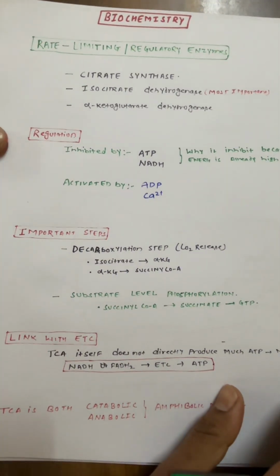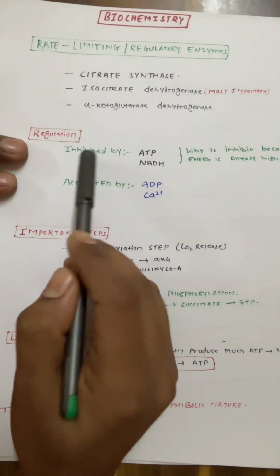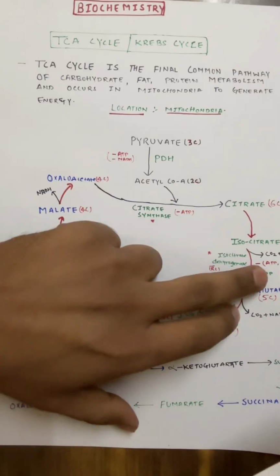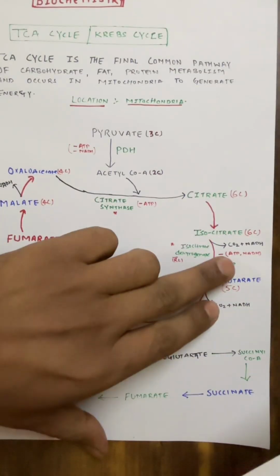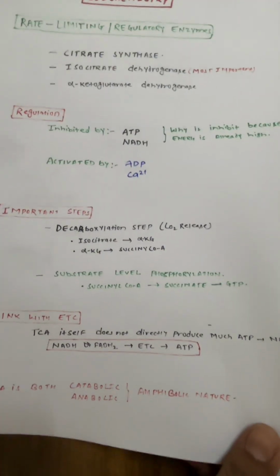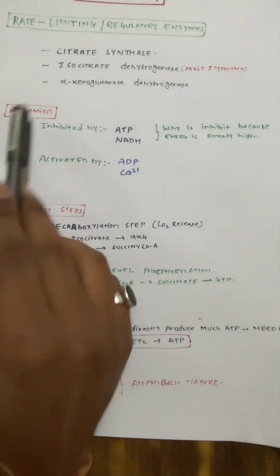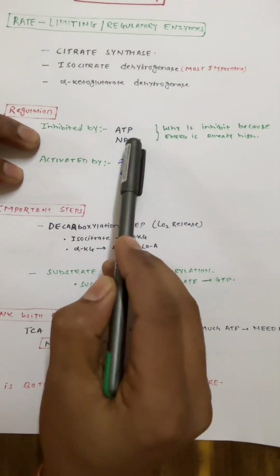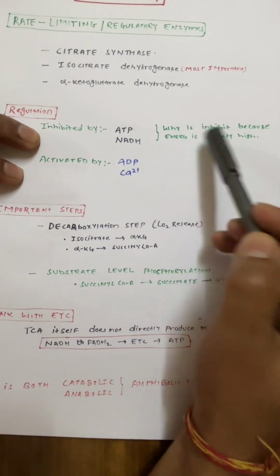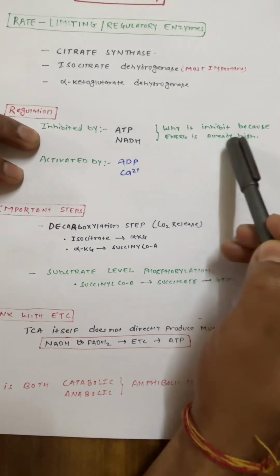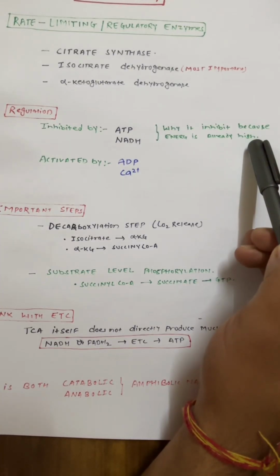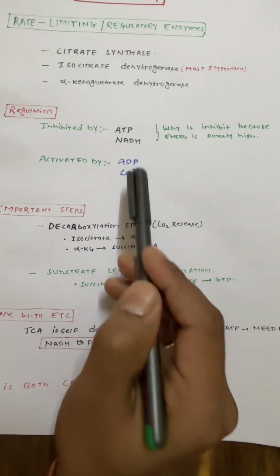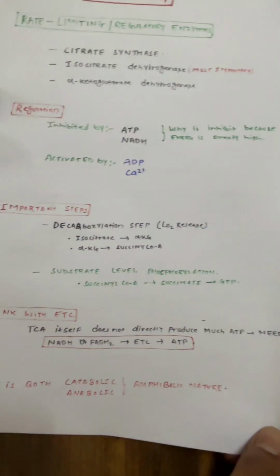I have already said in this figure that where we have written minus for ATP, while talking about regulation of the Krebs cycle, the Krebs cycle gets inhibited by ATP and NADH. Why does it inhibit? Because energy is already high in those steps, and the steps of the Krebs cycle get activated by ADP and calcium.